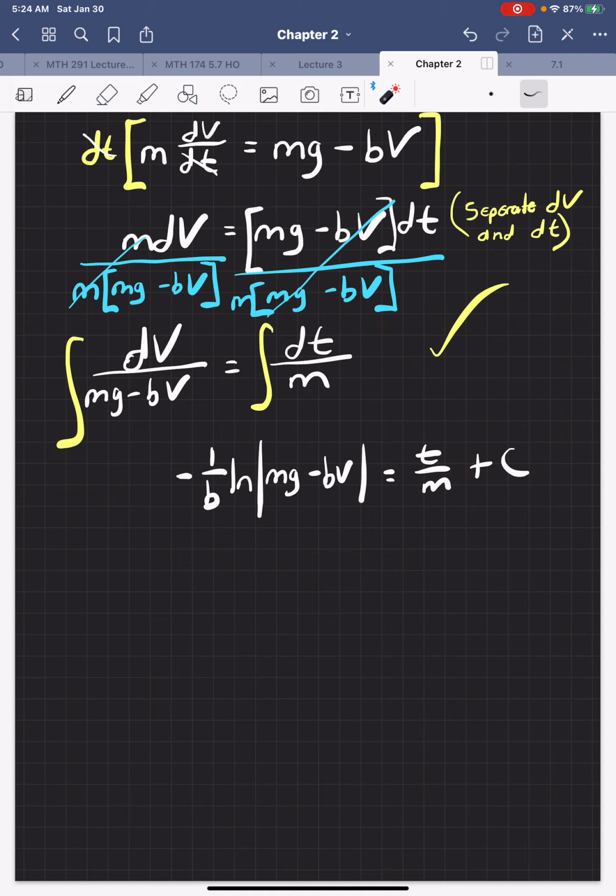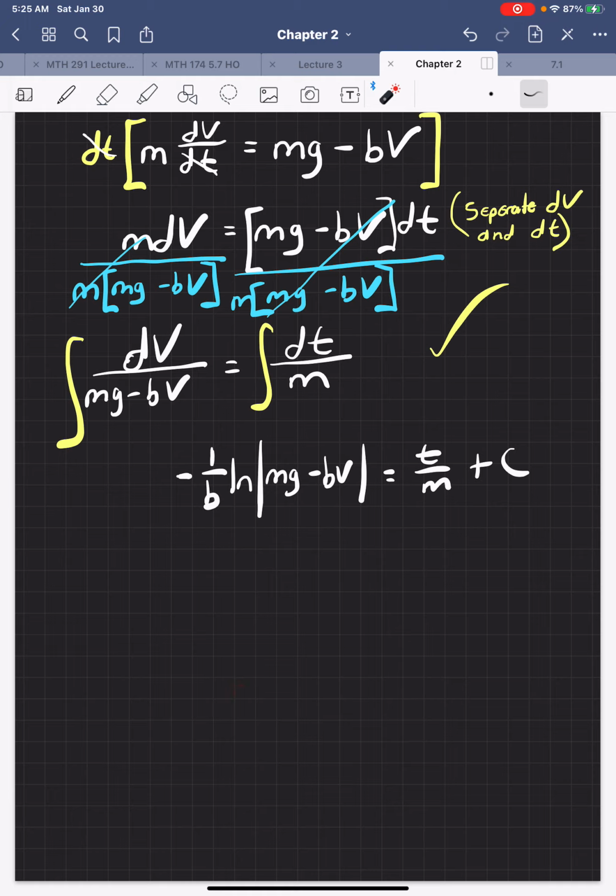All right, so we have separated the variables. Now we integrated what we separated. What is our goal right now? Our goal is to get v by itself. I mean, if you have y prime and you integrate, your goal is to get y, right?